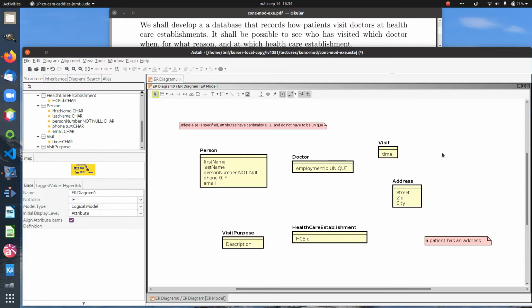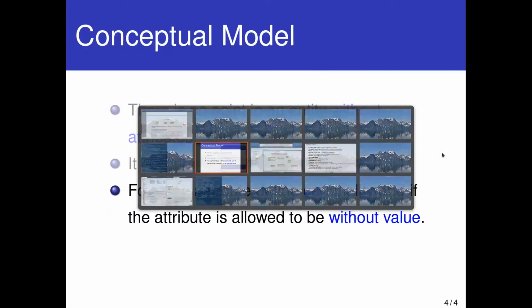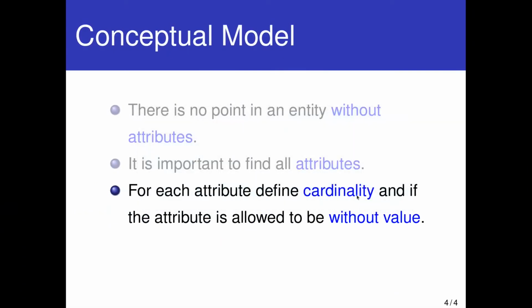Okay, so anyway, we are done with attributes. Well, we are not really done, because we have not considered the cardinality and uniqueness and nullness of each attribute, but I won't do that. Now I've illustrated the reasoning that must be done.